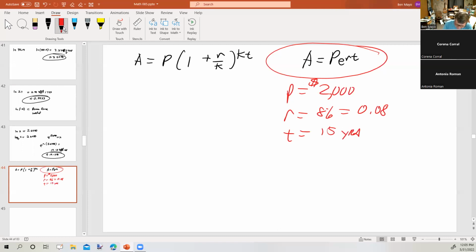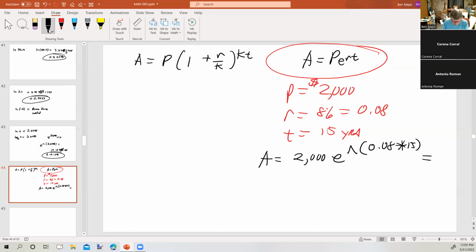Okay. Now, one of the initial things is, well, but wait, we don't know what e is. Remember, e is not a variable. e is e, 2.71828, etc. Okay. So we're going to get A equals 2,000 times e to the 0.08 times 15 power.